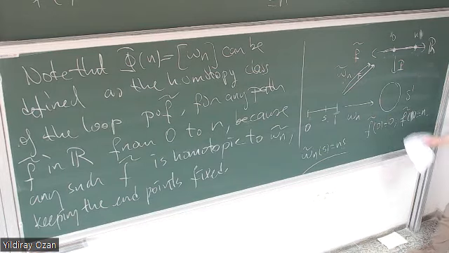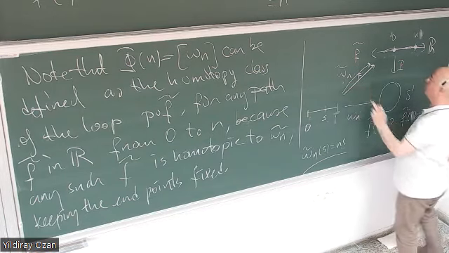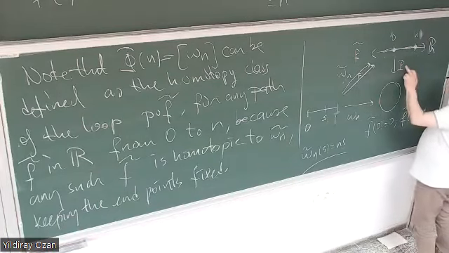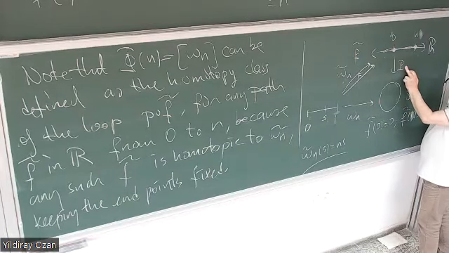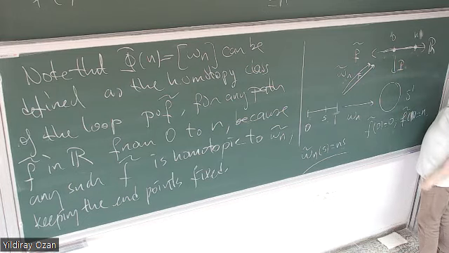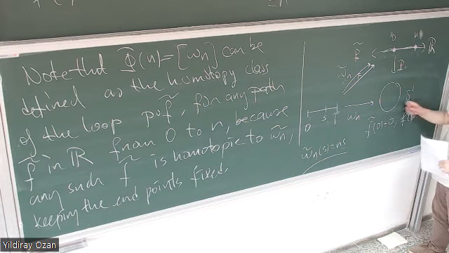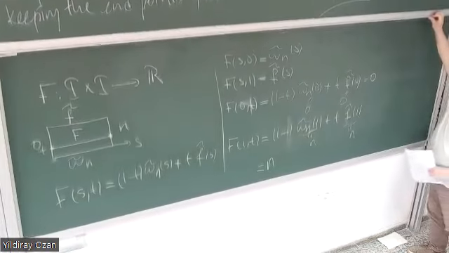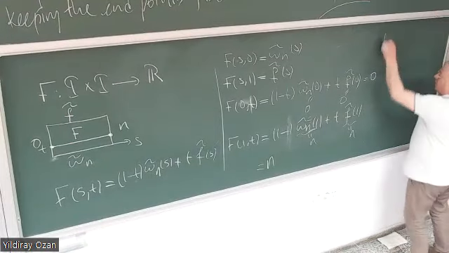There's a homotopy from this one to this one. Well, I can just compose this homotopy by P, and I will get homotopic paths to S1.